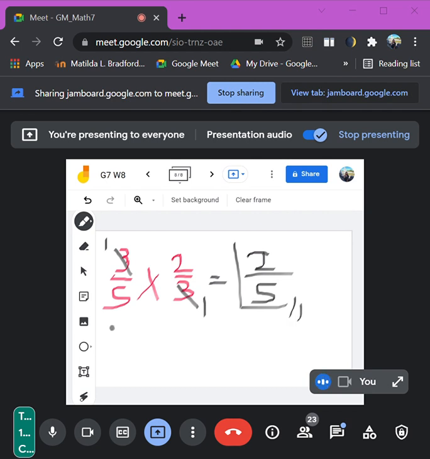Pero kung magamit sa ka og long term or katong taas nga way, you can also 3 over 5 times 2 over 3. 3 times 2 that is 6. 5 times 3 that is 15. Then lowest term nimo, divide both sides by 3. That is 2/5 gihapon. 6 divided by 3, 2. 15 divided by 3, 5.